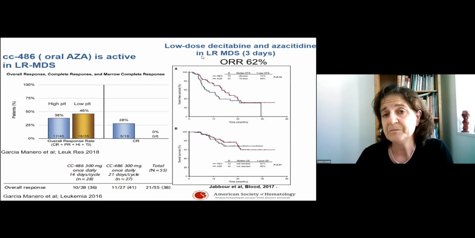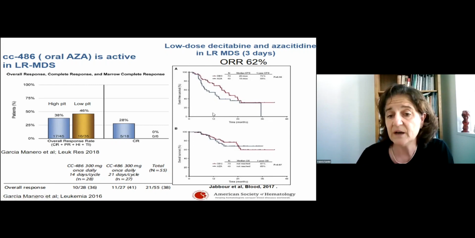On the other hand, we have data indicating a very good overall response rate of 62% in patients receiving low-dose decitabine and azacitidine for 3 days, with quite a good response and a long-term response.